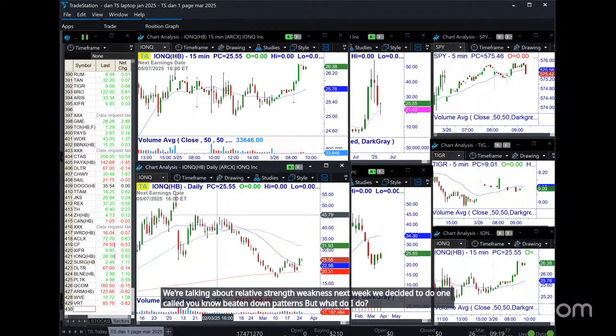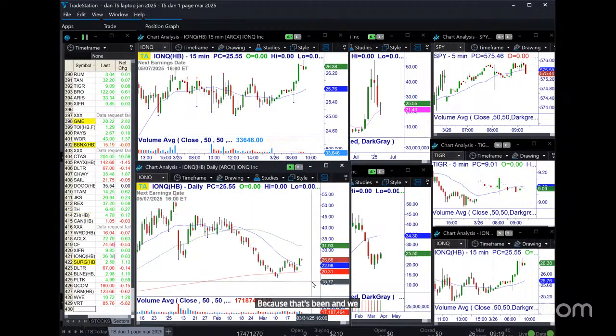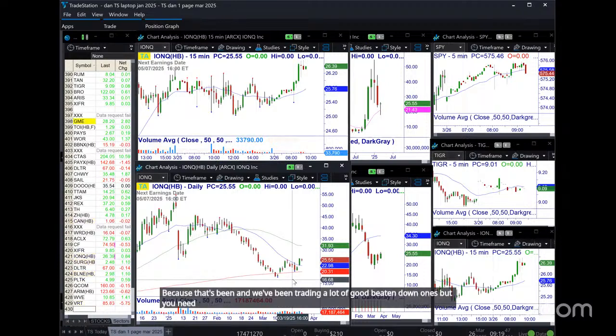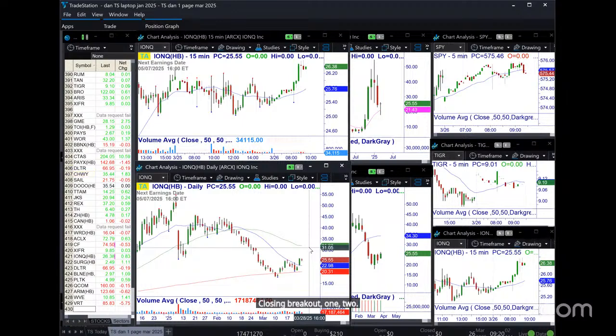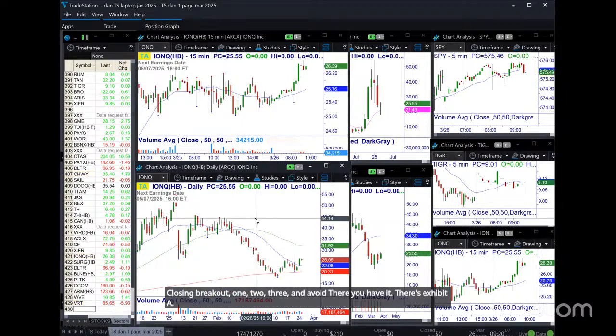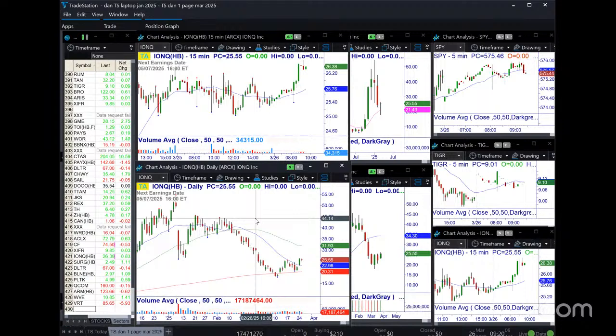Because we've been trading a lot of good beaten down ones, but you need a reversal, you need a pattern, you need a void, you need a something something bar. And so this is an example of that. So I got a retest, 20 MA starting to flatten out, closing breakout, 1, 2, 3, and a void. There you have it. There's exhibit A to how we trade this beaten down stock.